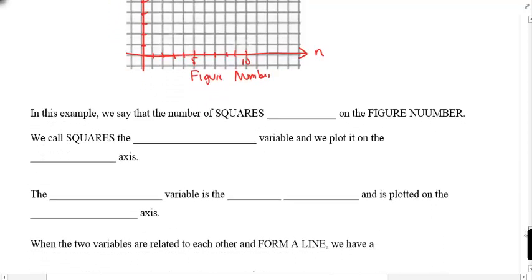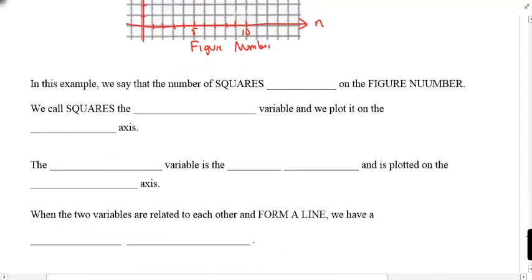And I want to just finish the blanks here. It says, in this example, we say the number of squares, or the dark squares, depends on the figure number. Oops, why are there 2 to use? Get rid of that one. We call squares the dependent variable because it depends on the figure number. And we plot the dependent variable on the vertical axis, always.